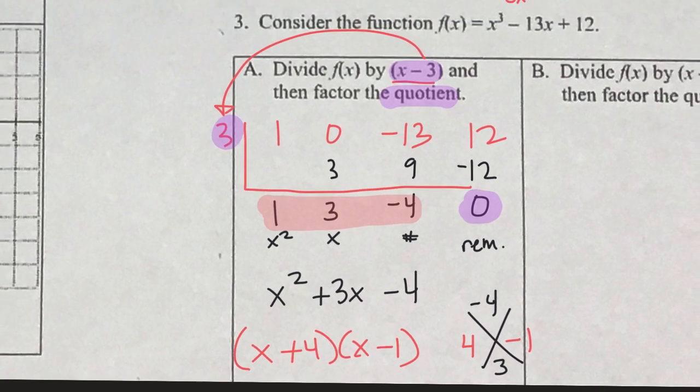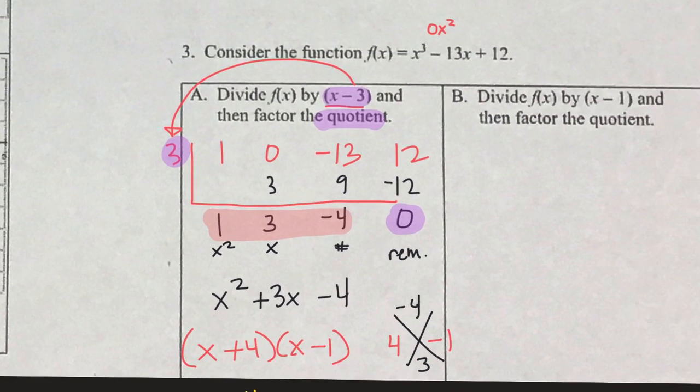So we have three solutions to this. We have positive 3, right? We got that from your synthetic division. We got a quadratic as your quotient, which we factored, and then we solved those two factors to get your other two solutions.